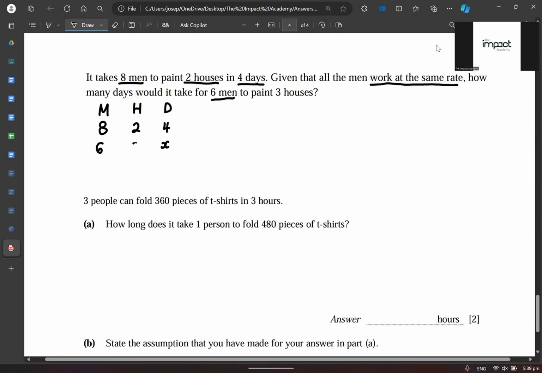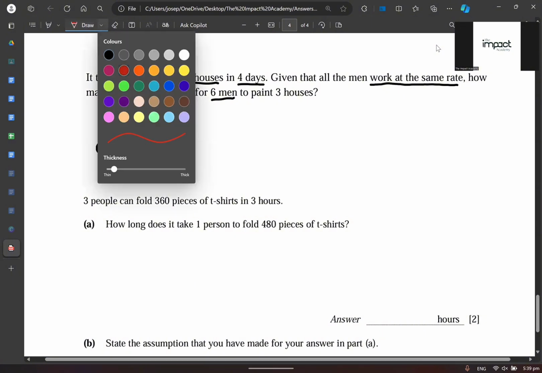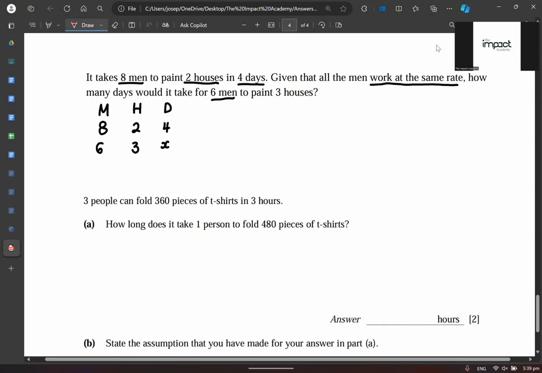How many houses? Okay, so let me just explain to you on this. You always have to compare to the one with X. So let's compare men to days first. Can you see that there is a drop in men? A drop of 2 men, right? If men decrease, that means to say days will increase.